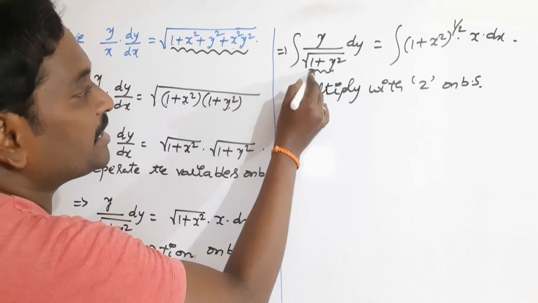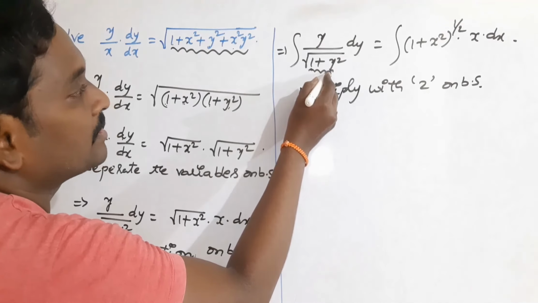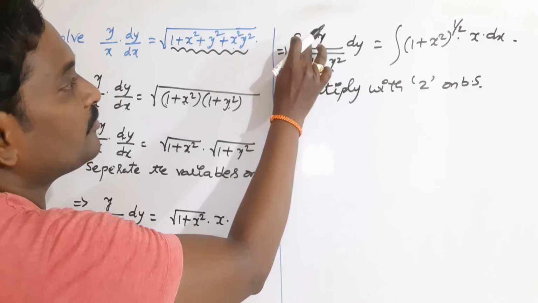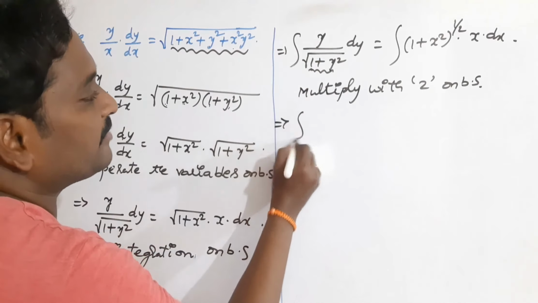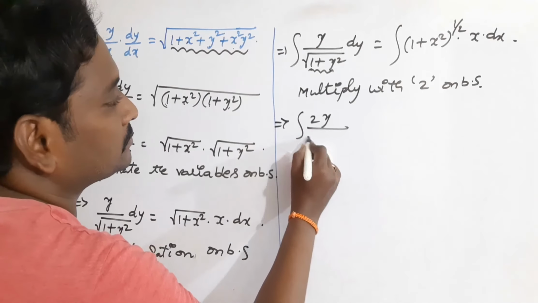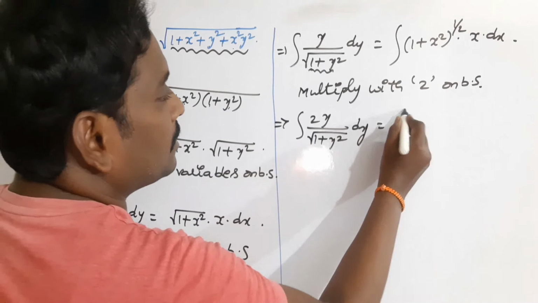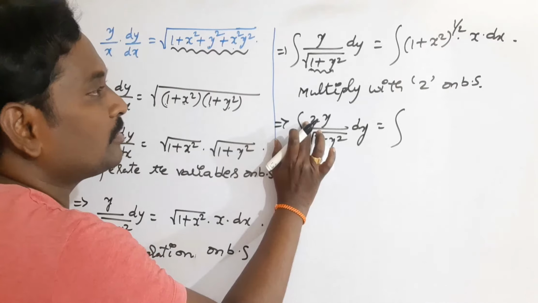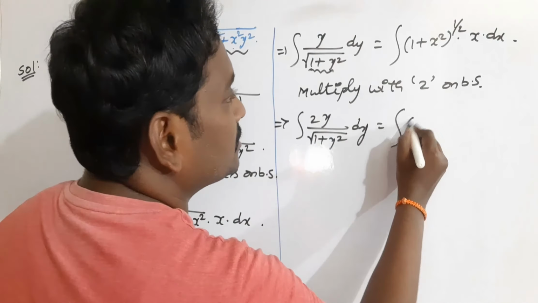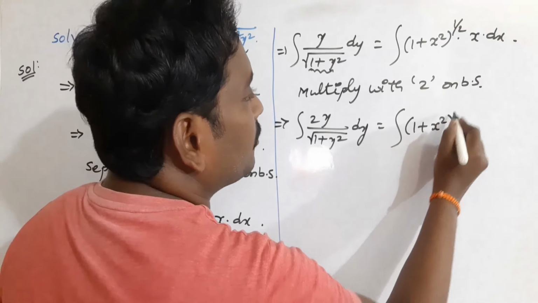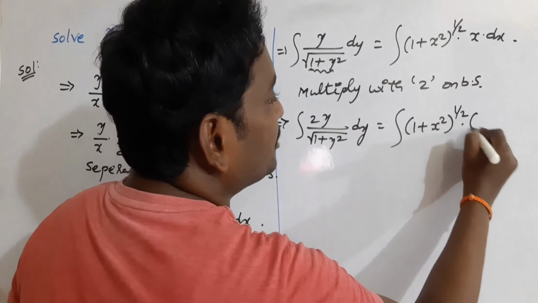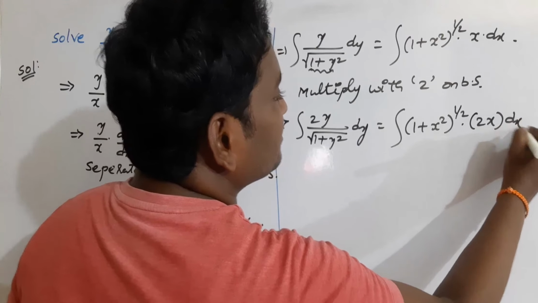Derivative of the denominator is 0 plus 2y. So it is 2y. But in the numerator we have only y. That's why I am multiplying with 2 here. So since here we are multiplying with 2, I am multiplying 2 here also. So I will get 1 plus x square whole power 1 by 2 into, write 2 here, 2x into dx.